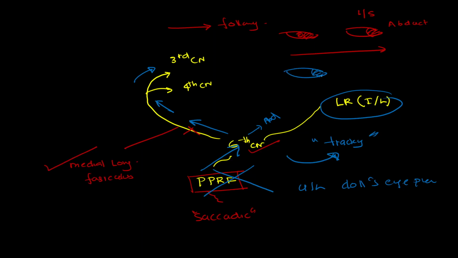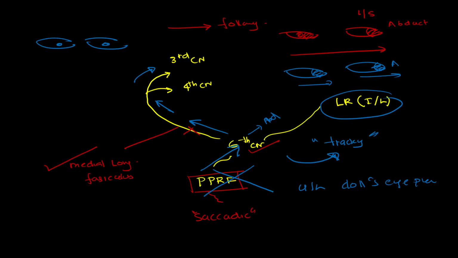It will have its normal way because the medial longitudinal fasciculus as well as the sixth and third cranial nerves are intact. Also, once the patient is in a normal state looking forward, the eyes would be in the middle without any sort of disconjugation.